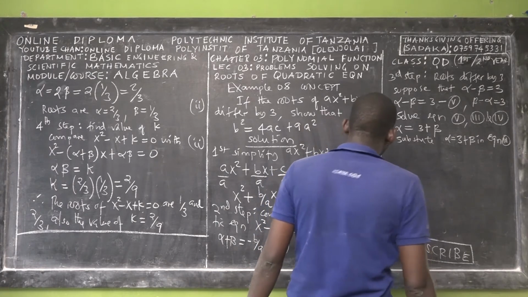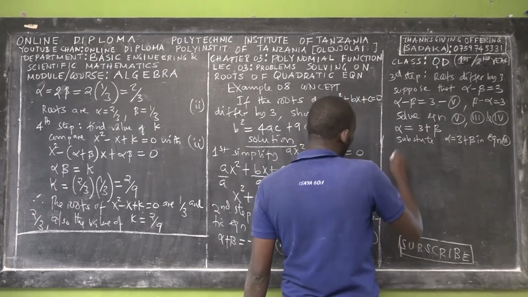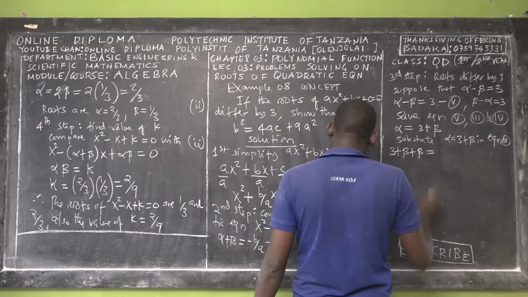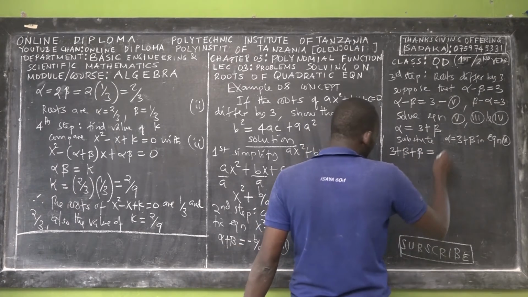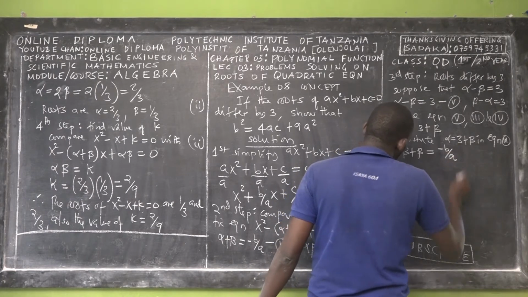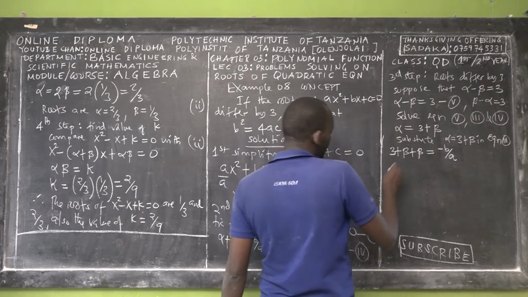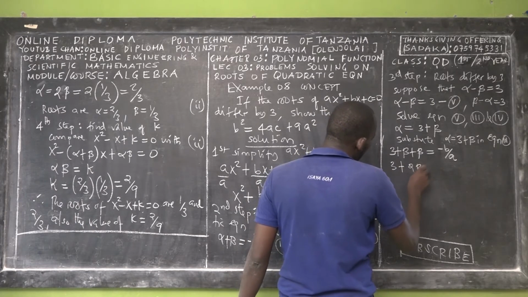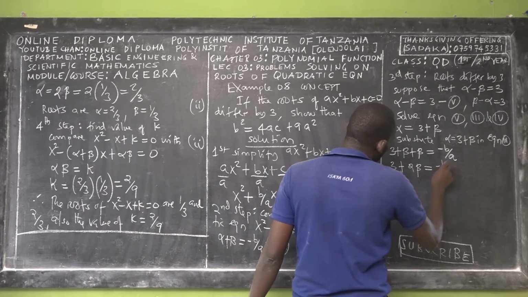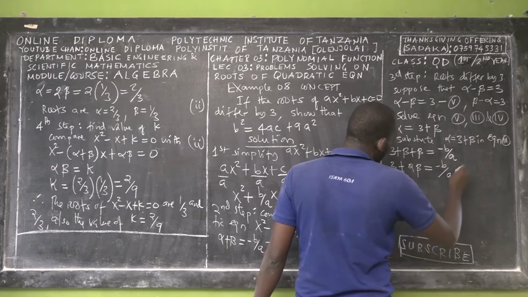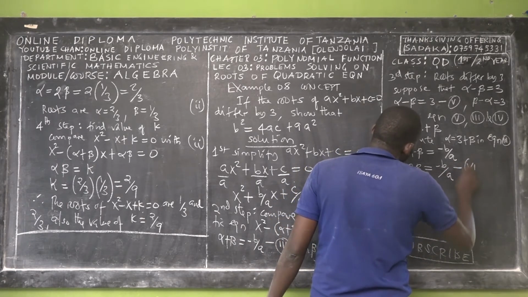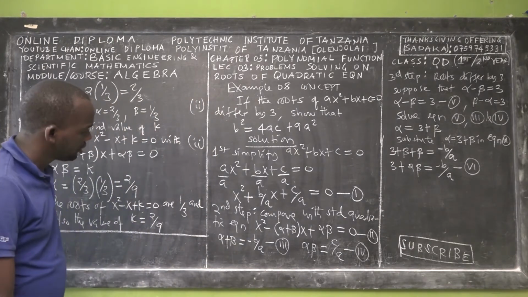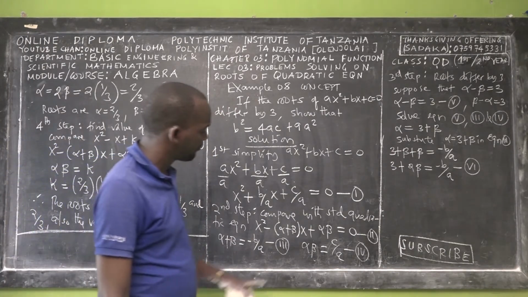So alpha plus beta, what is the value of alpha? It is 3 plus beta plus beta. This is equal to negative b over a. So simply this is 3 plus twice beta is equal to negative b over a, and this will make equation 6.